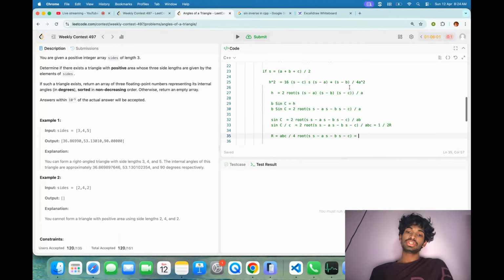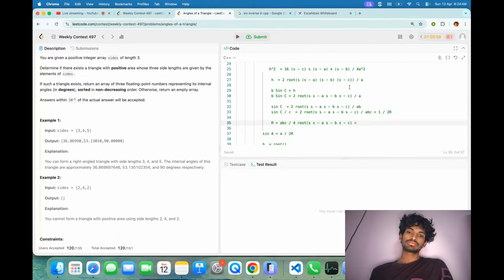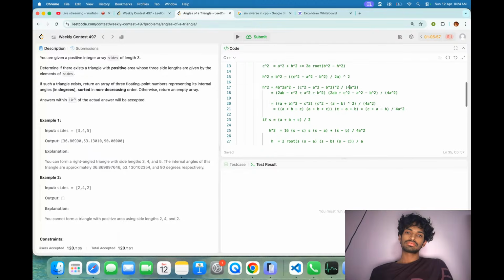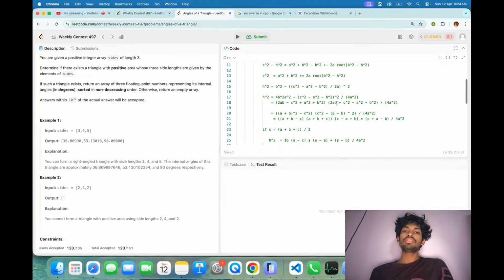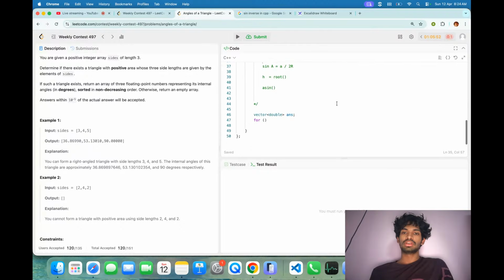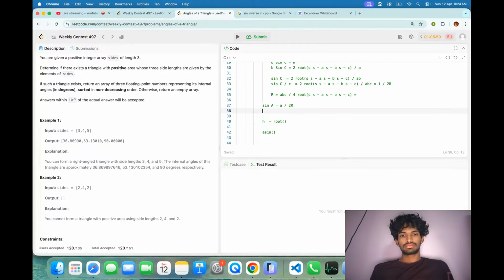How can you prove that? Half into base into height is area, right? Delta equals to... Okay, we have another proof now.